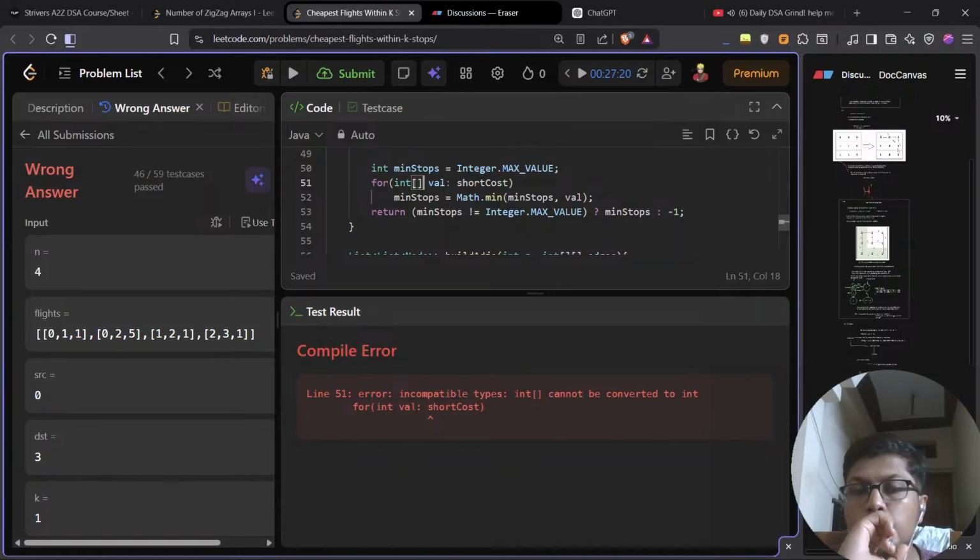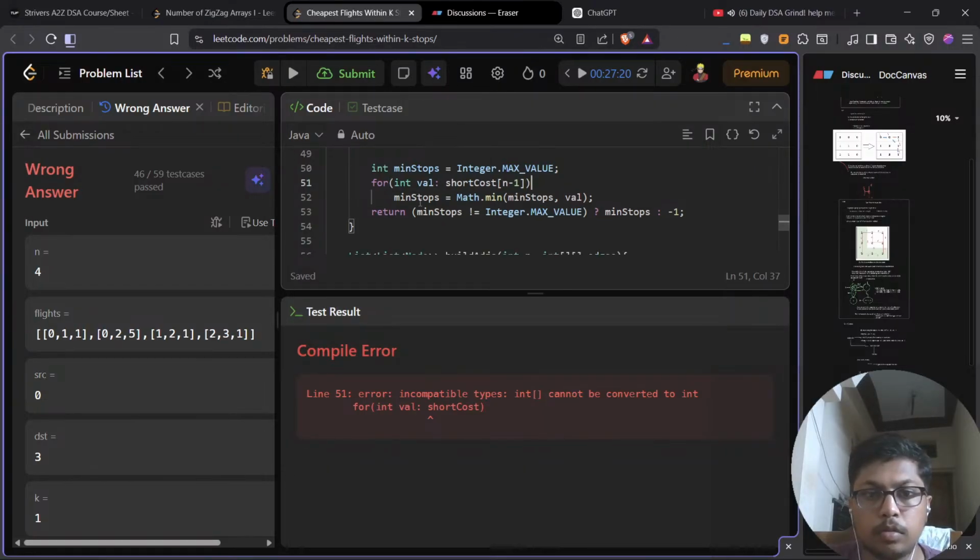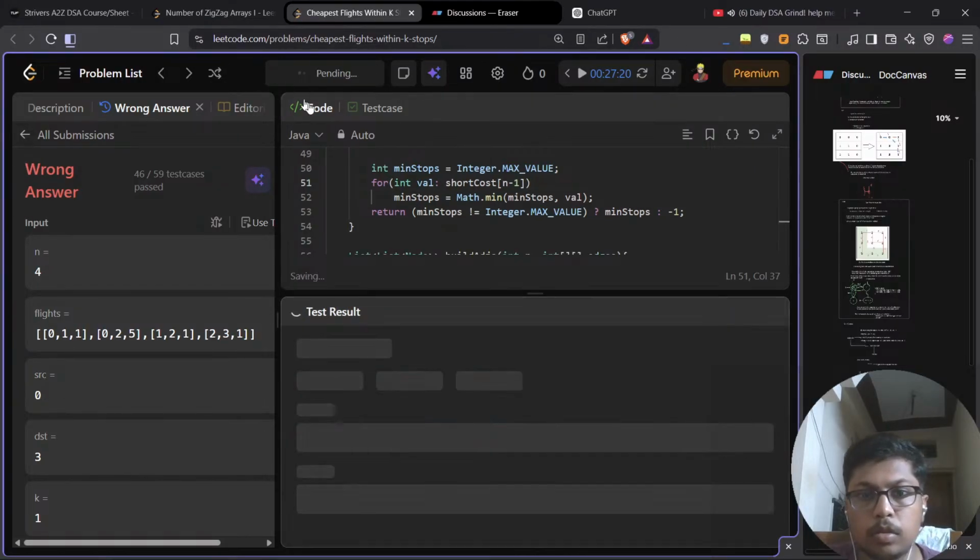From that 2D array, I want to extract only that last one. Actually, you could say n minus one, only the last one itself. That's the main important thing.